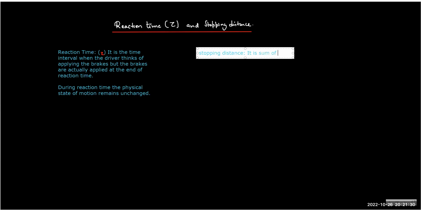It is the sum of displacement during reaction time and braking distance. Braking distance is how much you travel when you actually apply the brake.